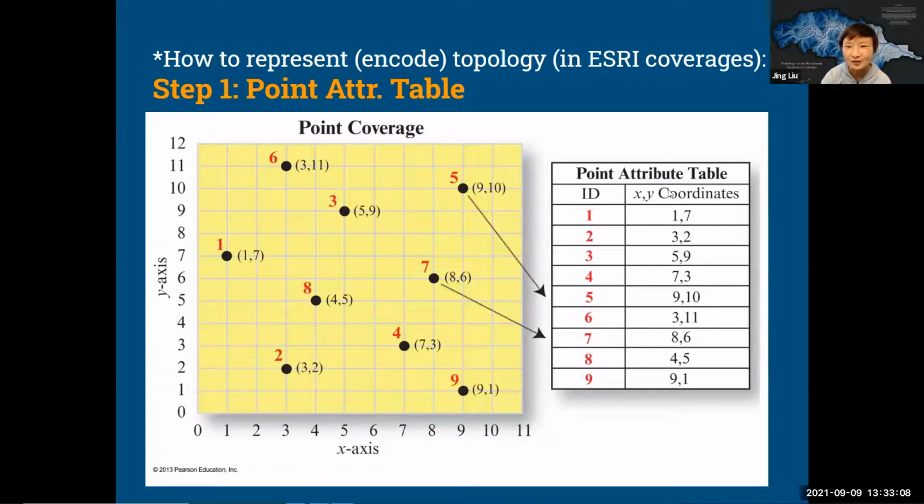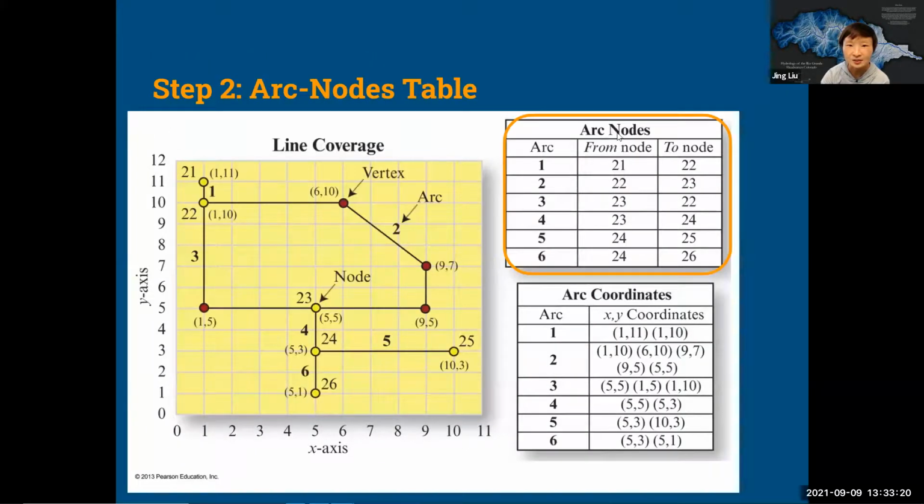Okay, so first I need this point attribute table. Okay, I will record each point. I will have the coordinates of each point. Okay, so this is number one. Number two is I'm going to use those coordinates to also encode my arcs. Okay, so you can see arc number one will be 1, 11, 1, and 10, right?